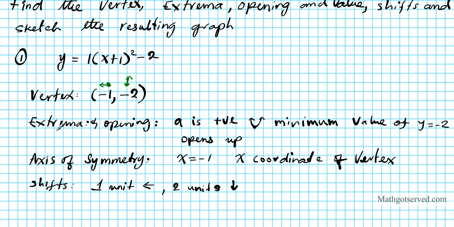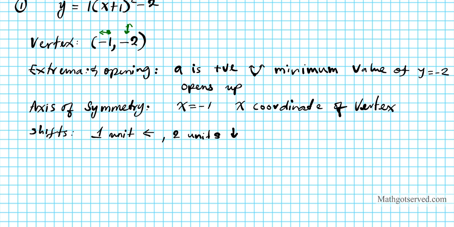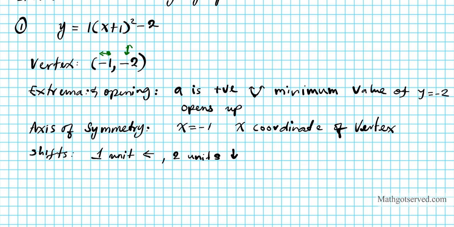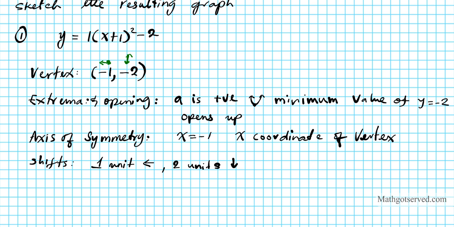Before we sketch the graph, let's talk about the width. Since the absolute value of a equals 1, it's going to be the same size as y equals x squared.